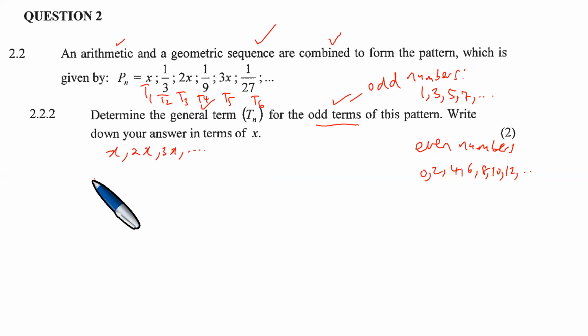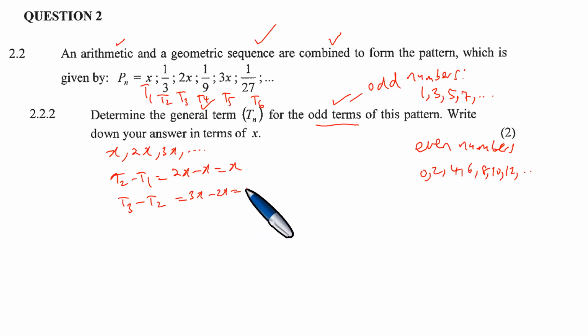If you look at T2 minus T1, and T3 minus T2: T2 is 2x minus T1, so this is only x. T3 is 3x minus 2x, which is only x. So which means you have the common difference.